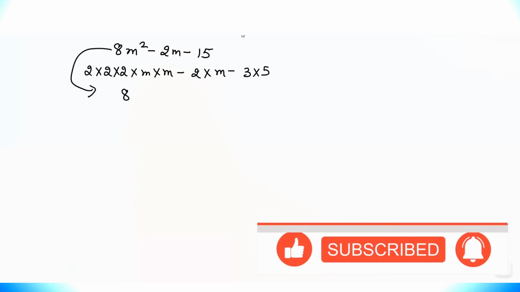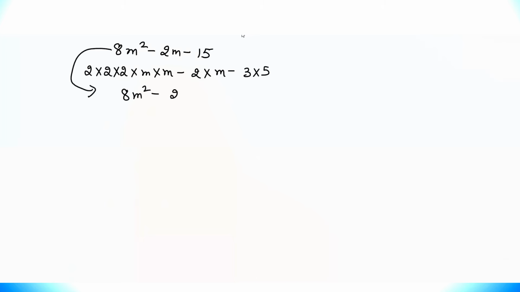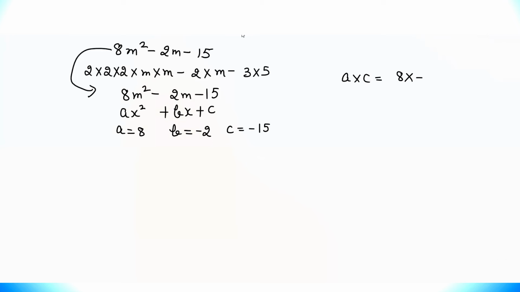So for that, I have to multiply a with c. I'll compare it with ax square plus bx plus c. The value of a is 8, the value of b is minus 2, and the value of c is minus 15. So a into c is equal to 8 into minus 15, which is equal to minus 120.